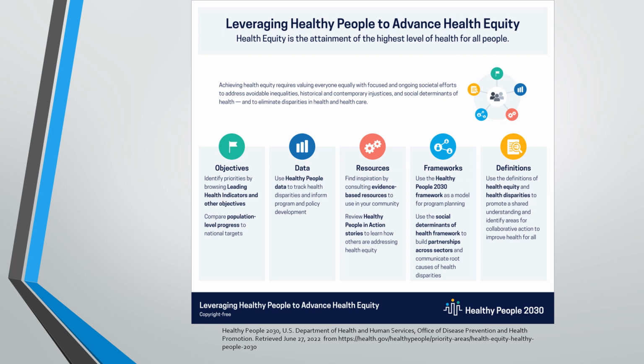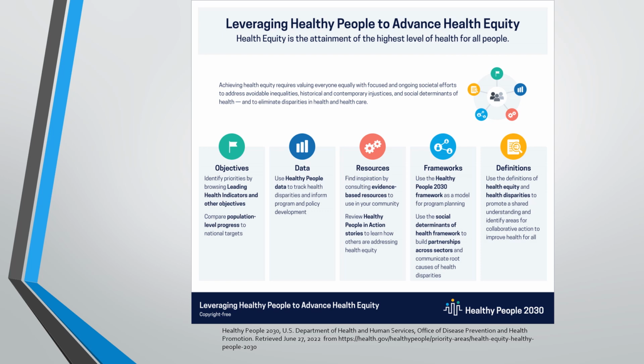So this slide actually probably belonged earlier with Healthy People 2030, but it gives a bit of a roadmap to look at how Healthy People is leveraging their goals to help address health equity.